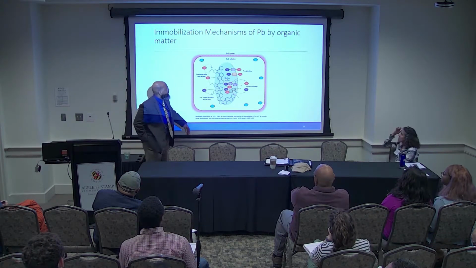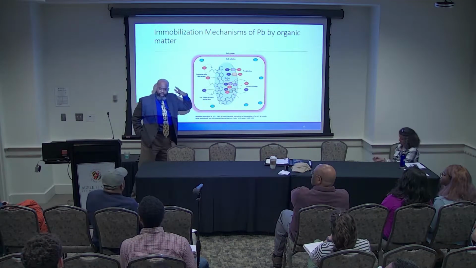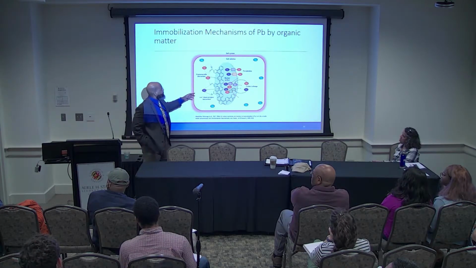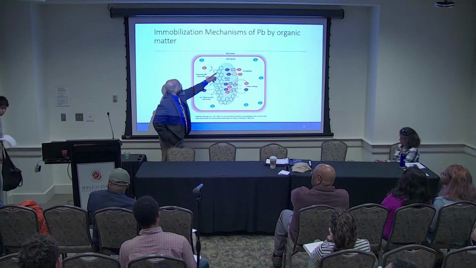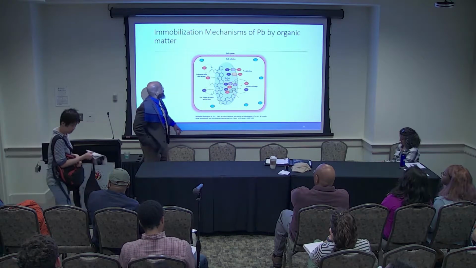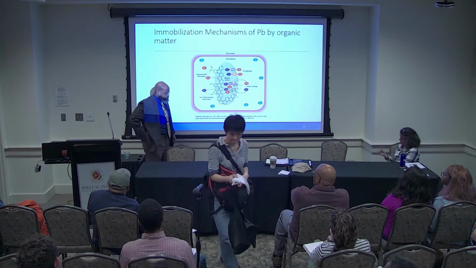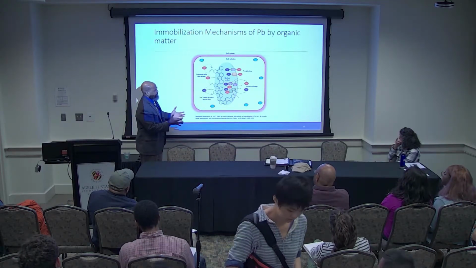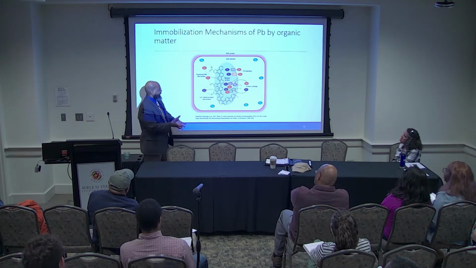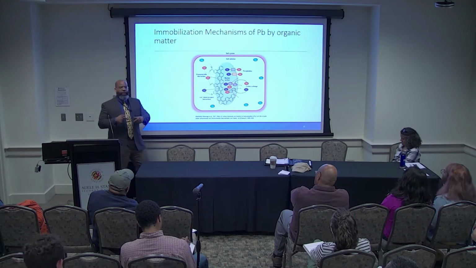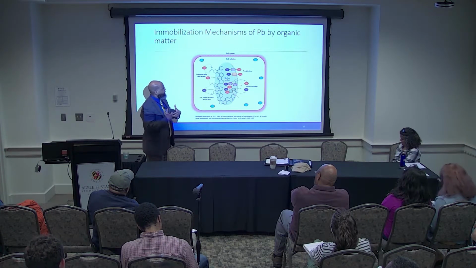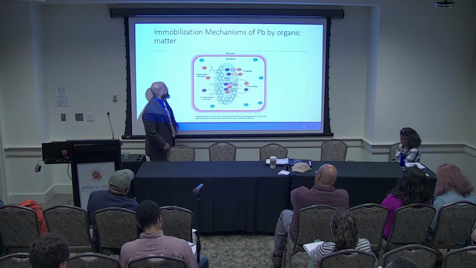Now this is biochar, but biochar is an organic substance. If you want to ask me what biochar is, we'll talk about it briefly. But here's a phenol group, right? Here's that ring, and here are the bond sites where these lead ions can be bonded and attached and fixed so that they are not made available if accidentally ingested, right?